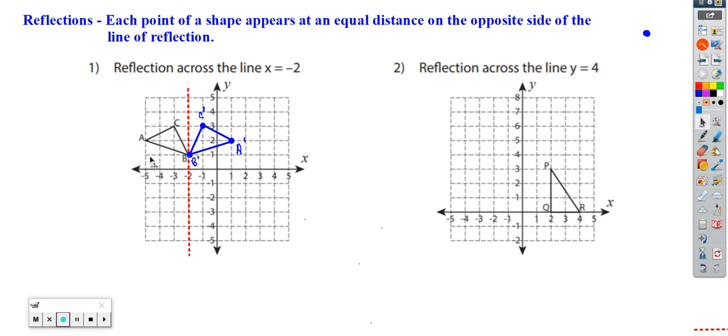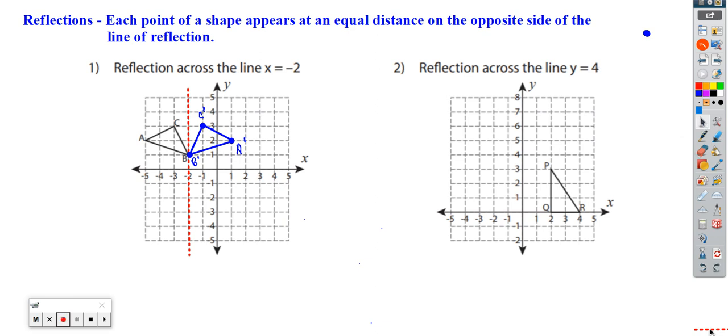It looks just like this triangle is standing and looking in the mirror, and this is being reflected back at them. Okay, let's look at number 2. Number 2 says you need to make the new image with the reflection across the line y equals 4. Now we said if it's x equal to a constant, it's a vertical line. That means y equal to a constant is going to be my horizontal line at 4.